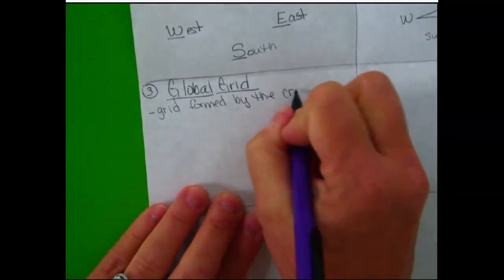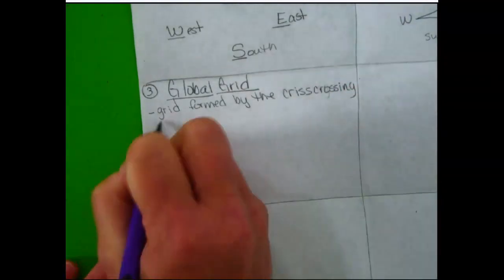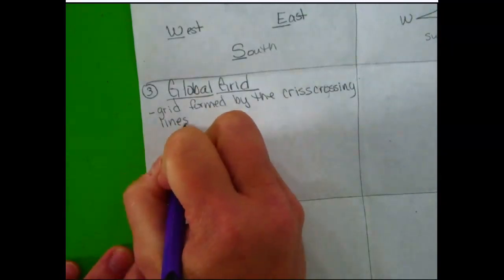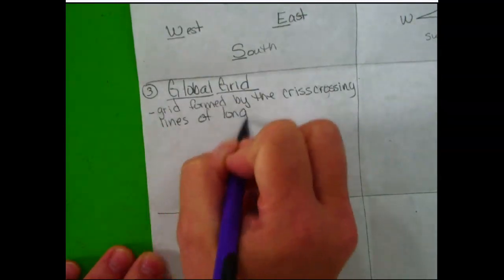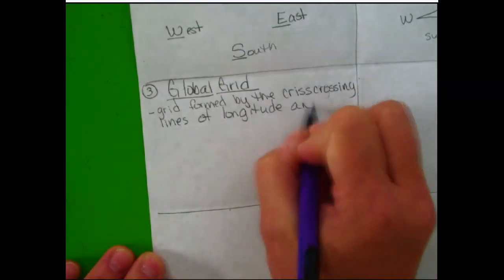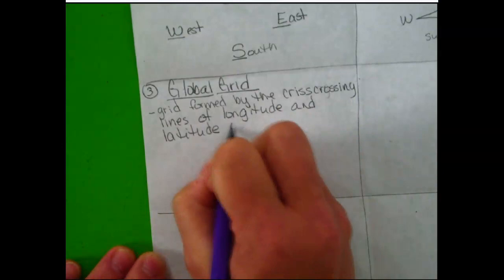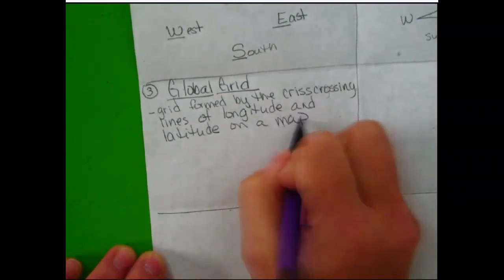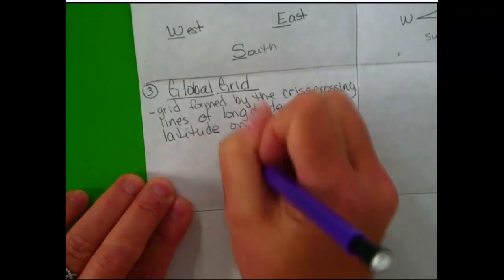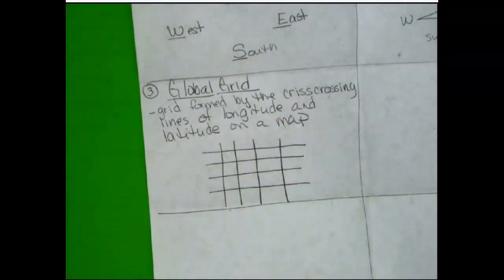Not crissing, it's crisscrossing. Sorry guys. Crisscrossing lines of longitude and latitude on a map. So it's just a grid on the map. That's all. Just the grid on the map.